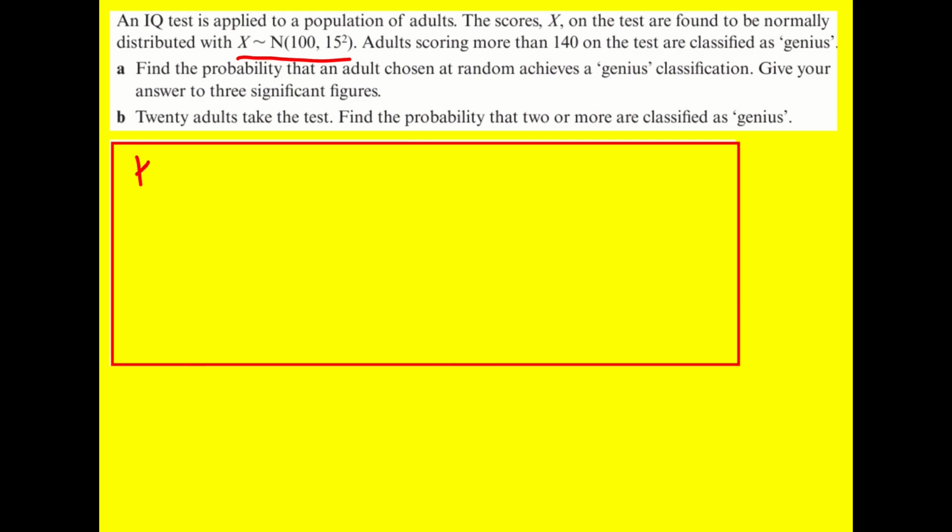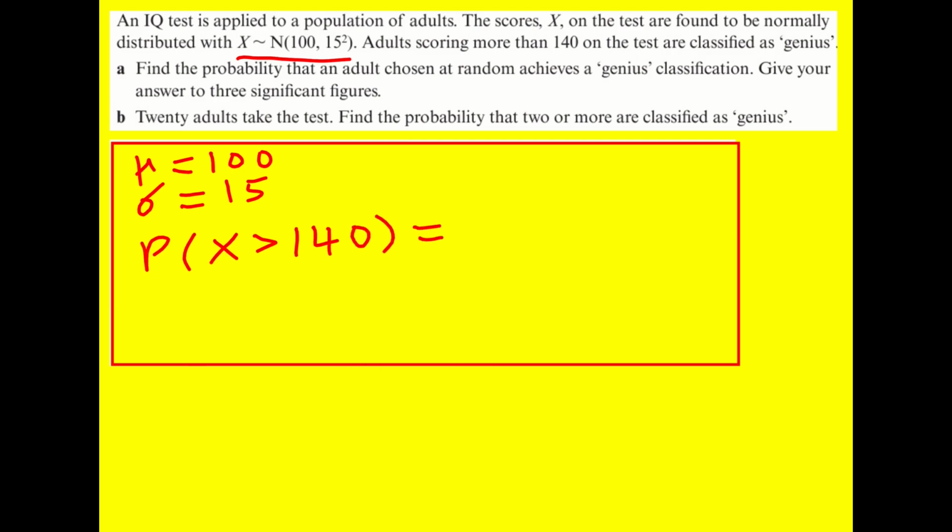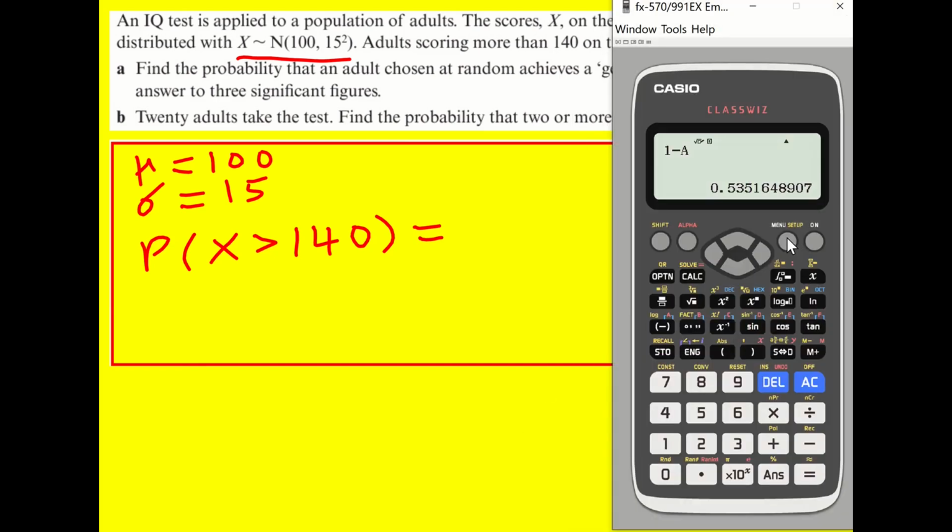So I'm just going to remind myself that mu is equal to 100 and the standard deviation is actually 15. Then what I'm trying to find is the probability that x is greater or equal to, but it doesn't actually matter for a normal distribution, so greater than 140. Once I've done that, I've turned it into the same kind of question as previous.